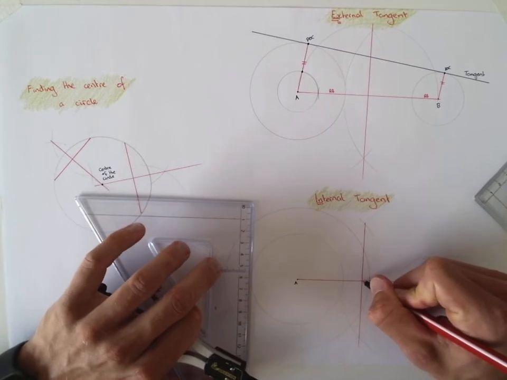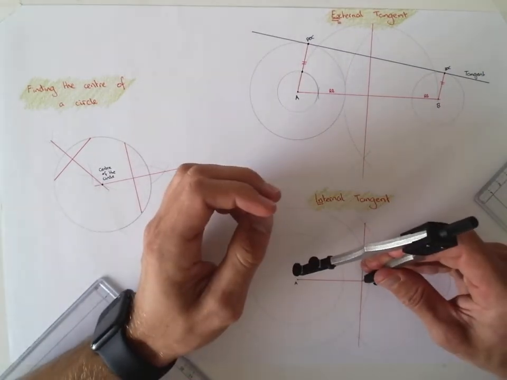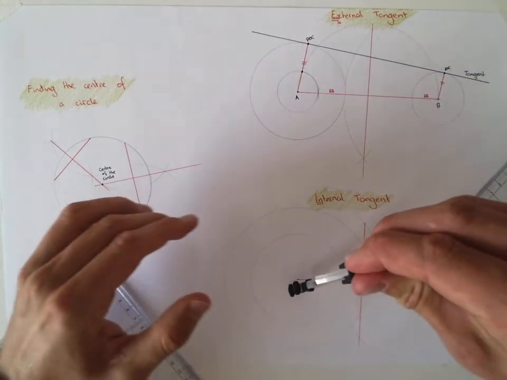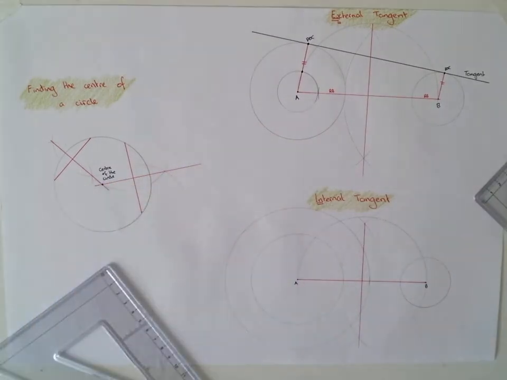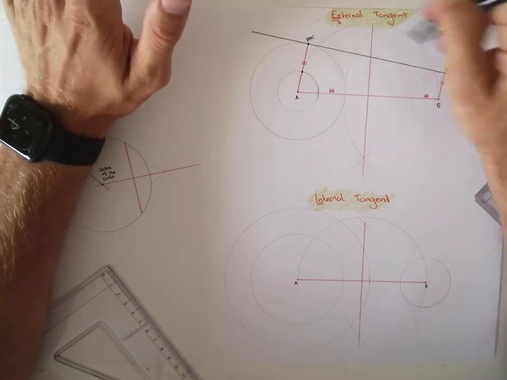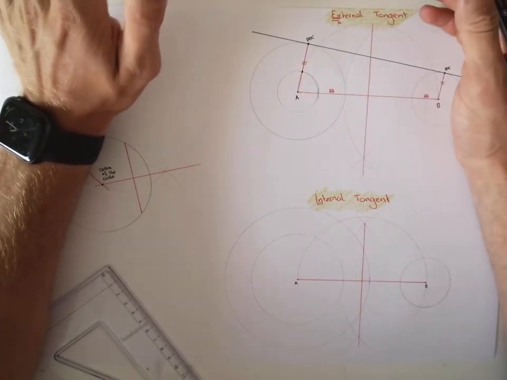So there's the center, and I'm going to go ahead and draw my semicircle. Okay, so there's my semicircle drawn. Now, our important point in our external tangent was where the semicircle met that new construction circle we made.